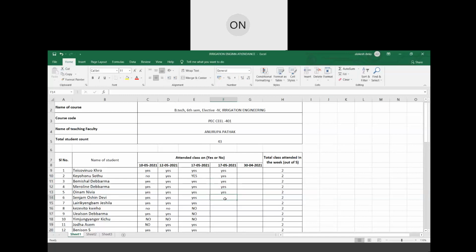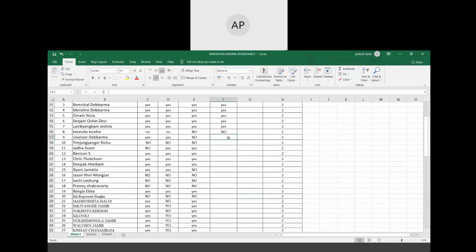Shenjam, present ma'am. Kaiser Vito, absent. Imzangayar Kichu, absent.